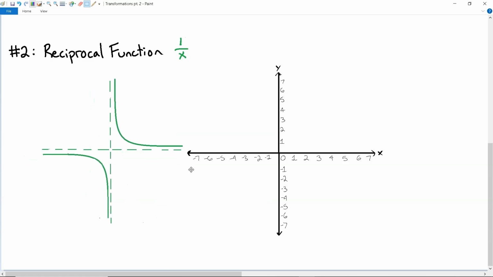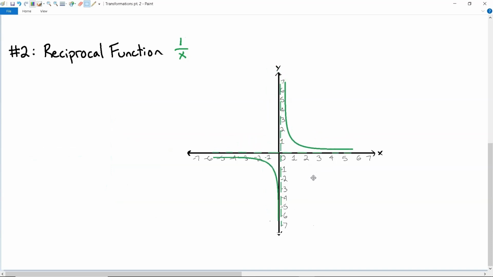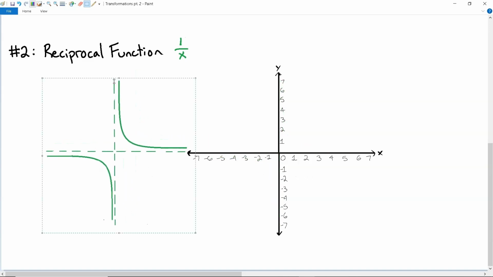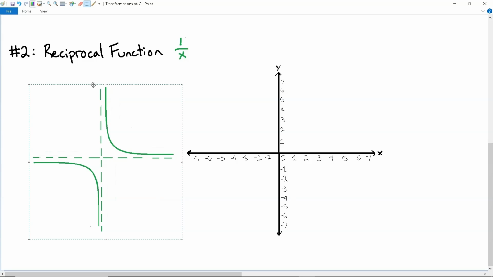So if I move the parent function onto the graph, this is what it's going to look like. And you'll notice that our lines are kind of split in two, and we're never hitting the x or the y-axis. And that's because we have a vertical and a horizontal asymptote, and that's represented by these dotted lines.